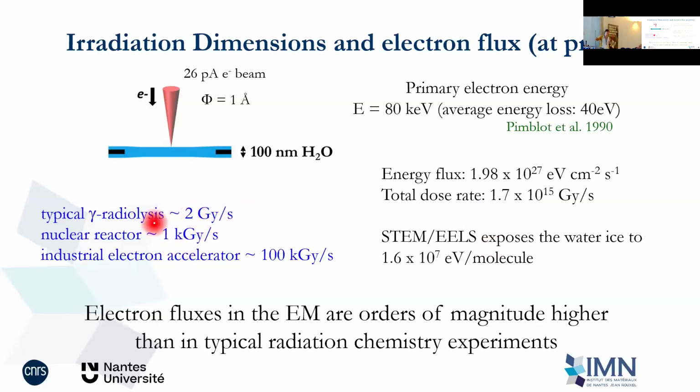In a nuclear reactor, we are talking about 1 kilogray per second. In an industrial electron accelerator, it is 100 kilograys per second. Yeah, you throw a bomb into this material and it's still lower. In the middle of a nuclear explosion, there was a paper that I don't remember from the 80s where they did the calculation, and that was lower than what we have in the electron microscope. Okay, and radiation chemists get really surprised when they see the numbers. Yes.